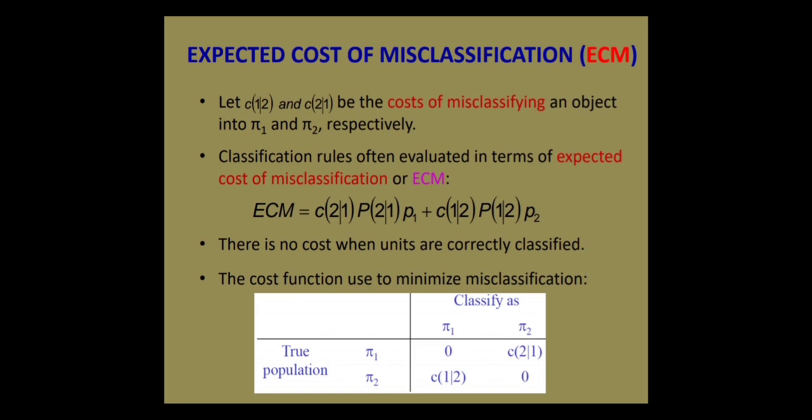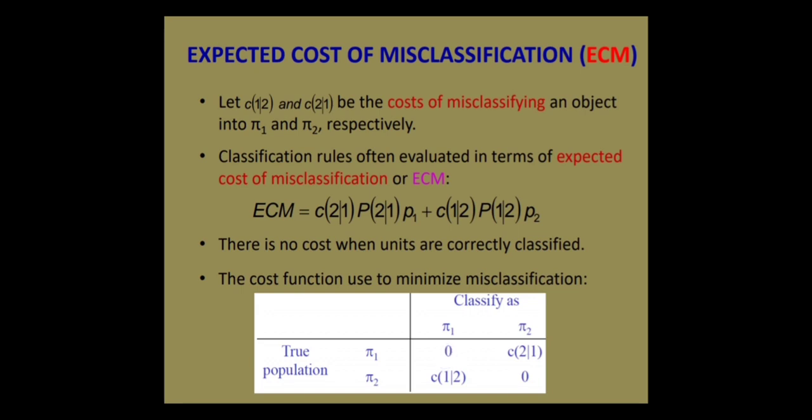So kalau kita tengok the cost of the misclassification can be defined by a cost matrix here, if you can see here. If the observation is classified as first population, when it actually comes from the first population, so dia punya value of cost of misclassification ataupun cost of classifying will be 0.